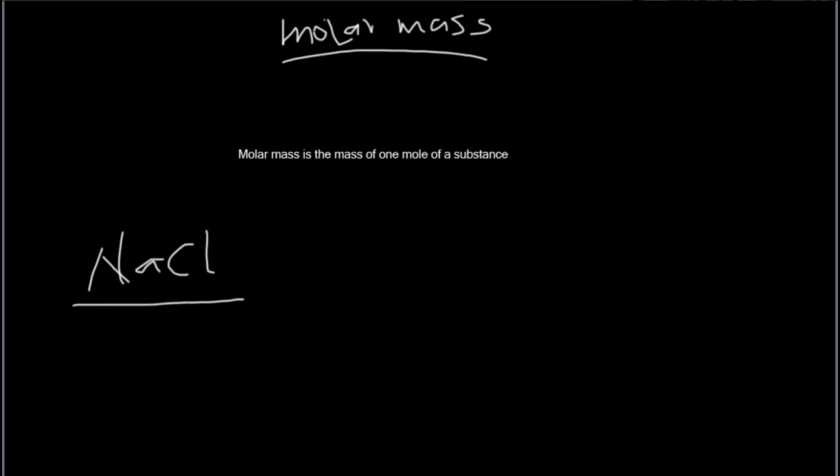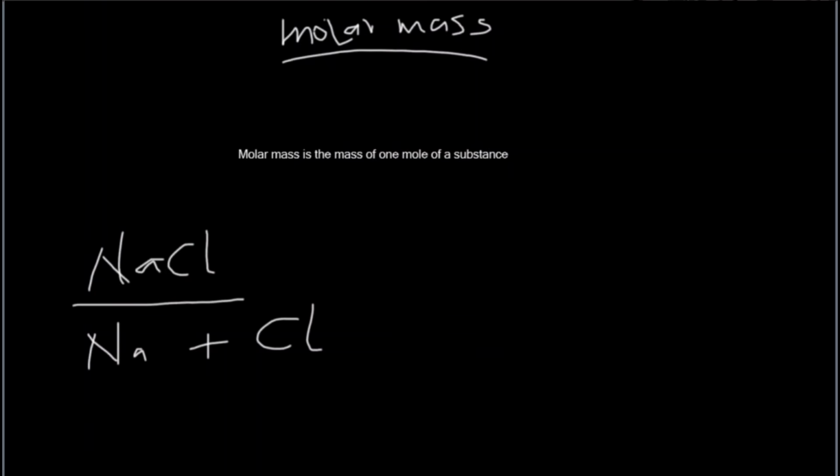If you want to find the relative molecular mass, you add the individual atomic masses. So the atomic mass of sodium plus the atomic mass of chlorine. That's relative molecular mass, and relative molecular mass is equivalent to molar mass. Just that molar mass has a unit, but relative molecular mass doesn't have a unit.